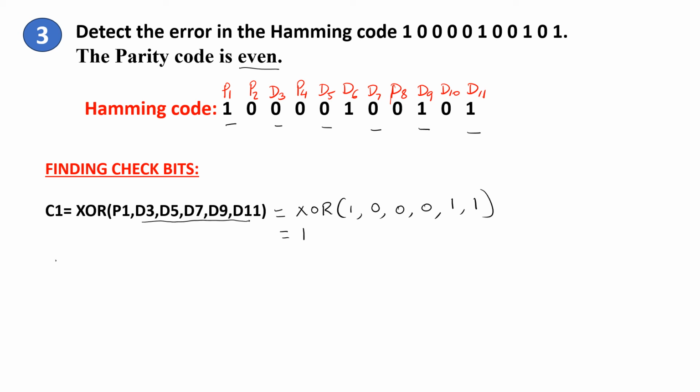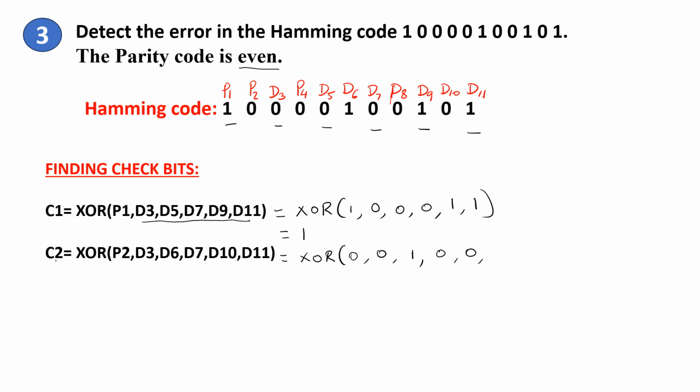Next is C2. So that is equal to XOR of P2 is 0, D3 is 0, D6 is 1, D7 is 0, D10 is 0, then D11 is 1. Even number of 1s, so the output is 0.